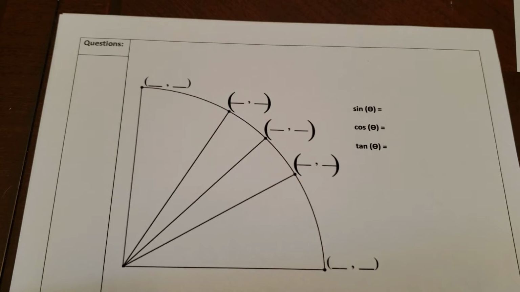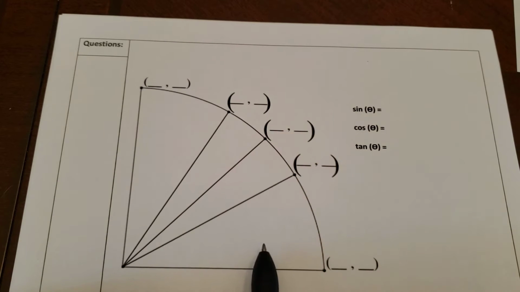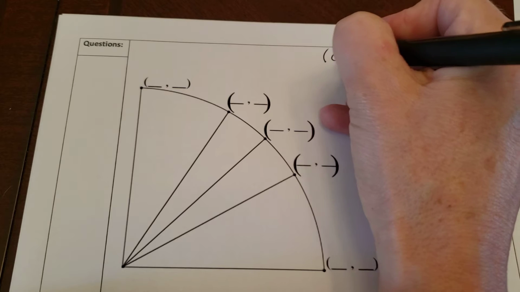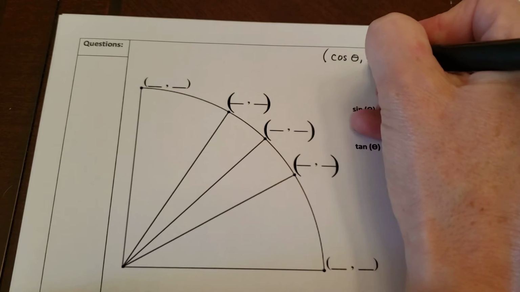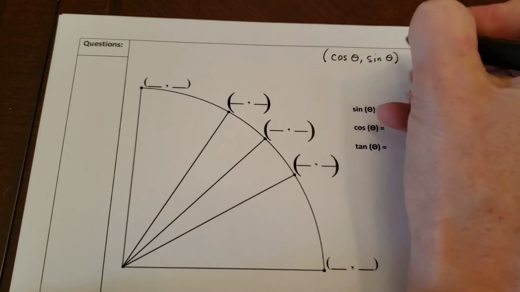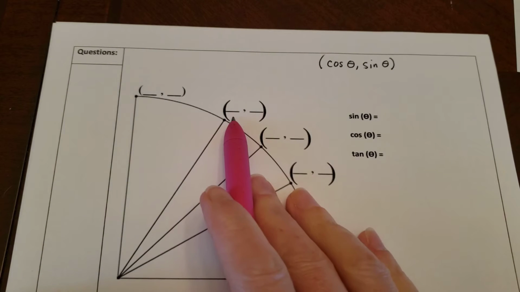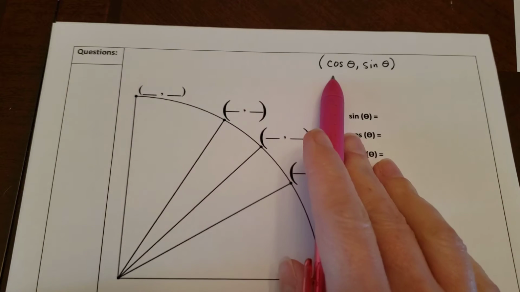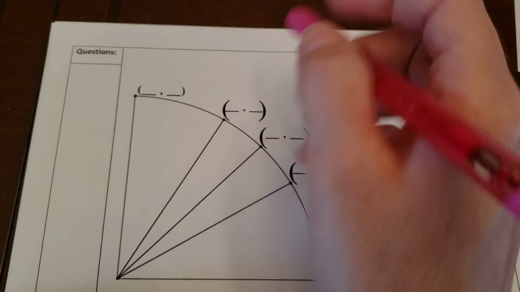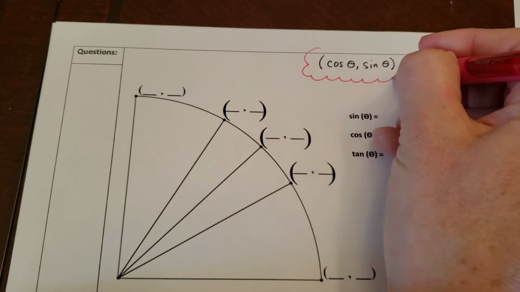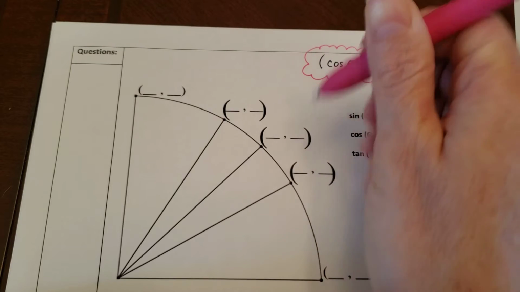So first thing I wanted to mention is these ordered pairs, because we're on a unit circle, it is cosine of theta, comma sine of theta. So these points, the first one, which is in the x position, is cosine, and in the y position is sine. So this is the order that these points are going to go in.